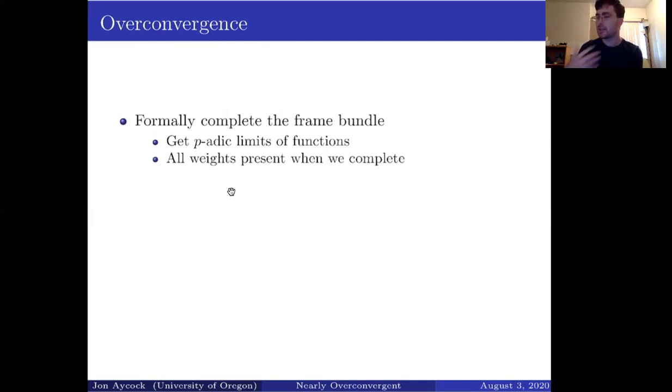And it's important that all of the weights are present when we do this. It's important that we use the entire ring of functions on the frame bundle, the entire ring of modular forms, because there are p-adically Cauchy sequences of modular forms whose weights are varying the whole time.